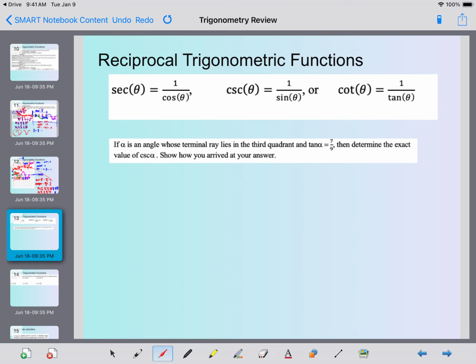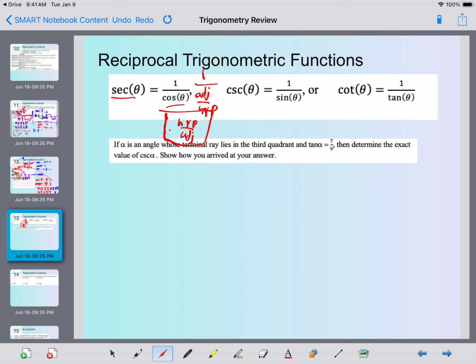Now, there's really two things you could do with these questions. You could either find cosine and then just do 1 over cosine, or you know that cosine is adjacent over hypotenuse. So 1 over that would be hypotenuse over adjacent. So if cosine is adjacent over hypotenuse, then secant would be hypotenuse over adjacent.